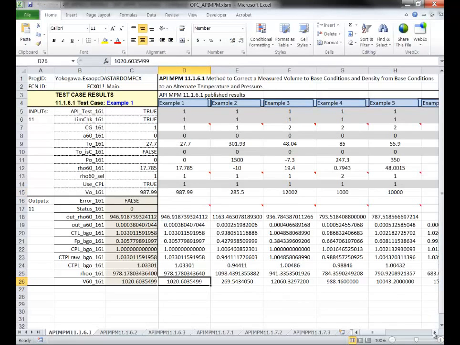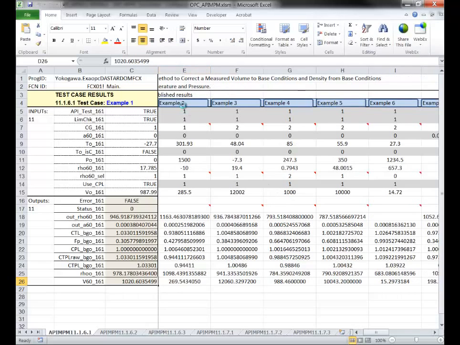If I go down to the next one, say example 2, you can see that now also perfectly matches out to 8 or more decimal places. And remember, only 8 decimal places is required for compliance with the standard. In this case, we show greater than 8 decimal place matches.